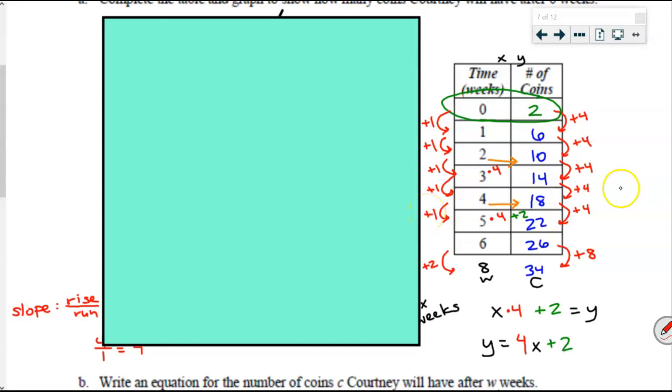Okay, Michael. Yeah, 2 weeks passed. So even when it does change, it changes in a way that's predictable and that we understand. Why did the 26 jump 8 instead of just 4? Because the 6 also jumped to an 8 instead of to a 7.